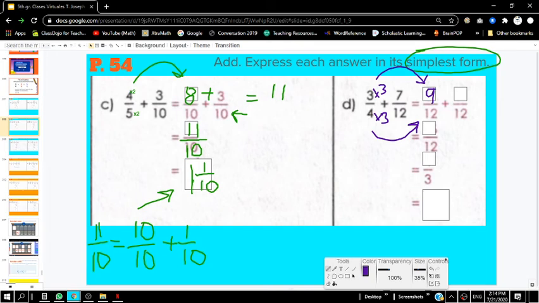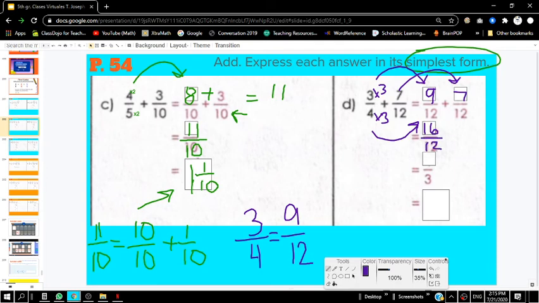In other words, 3/4 is exactly the same as 9/12. All right, 7/12 is going to stay the same. That doesn't change. What is 7 plus 9? 16. In other words, our answer is 16/12.